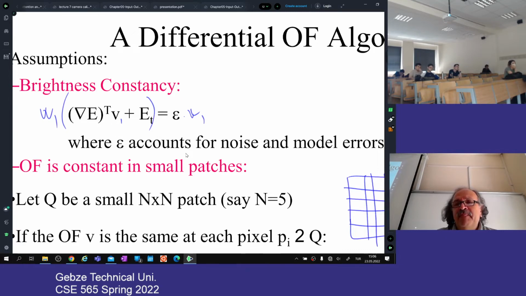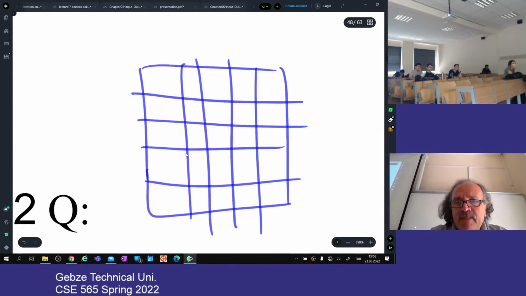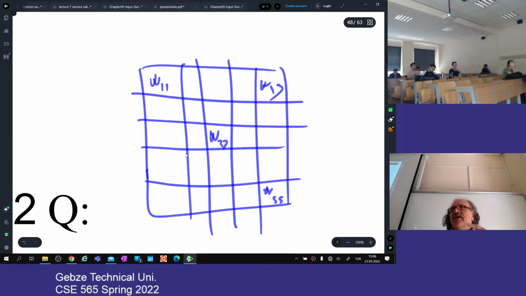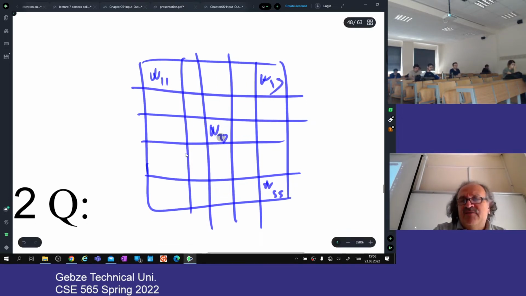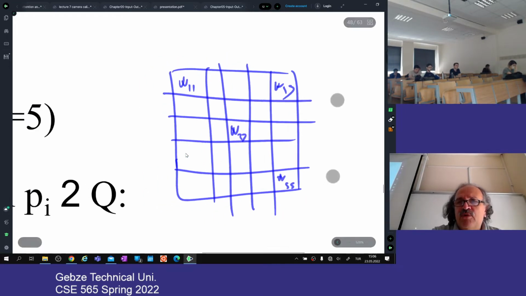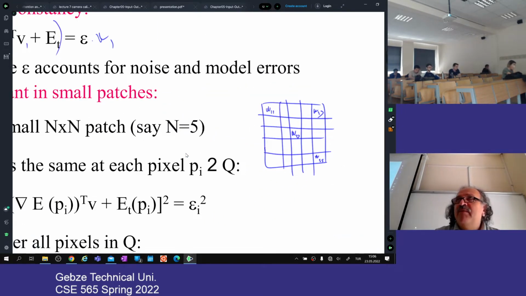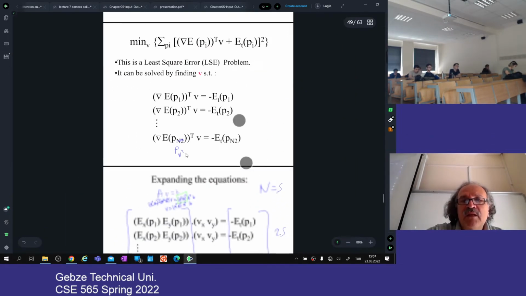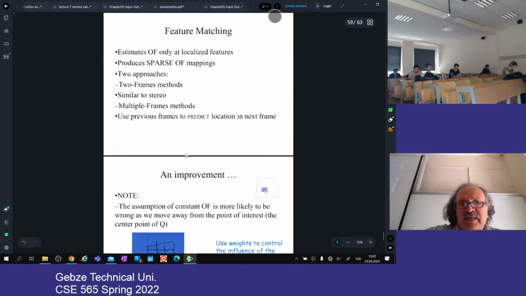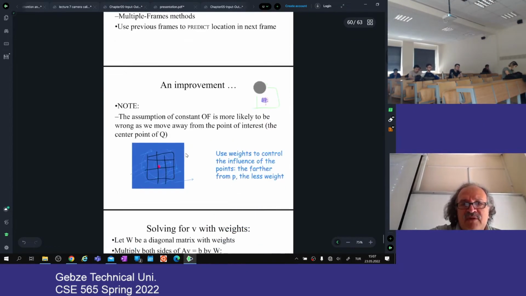So for each pixel in my image, I am going to write W11, W33, W55, W15, etc. Each pixel has a weight, and this one has a higher weight. I am going to do this so that if I am making a mistake, I am going to bias this mistake towards the center pixel.